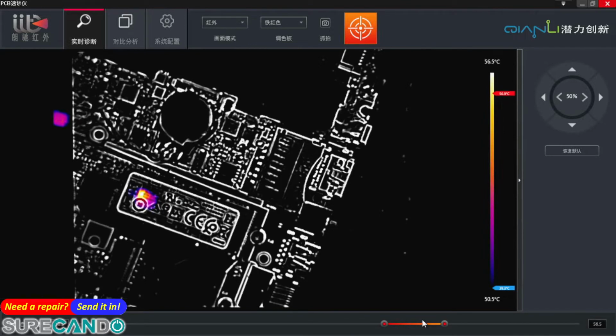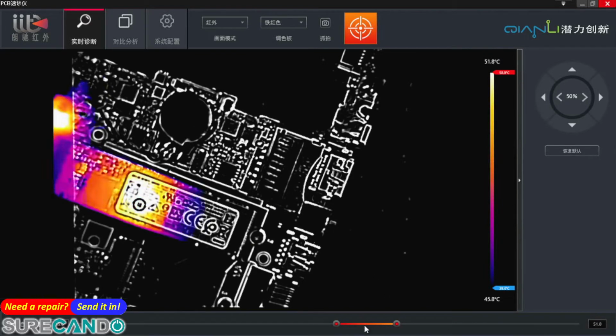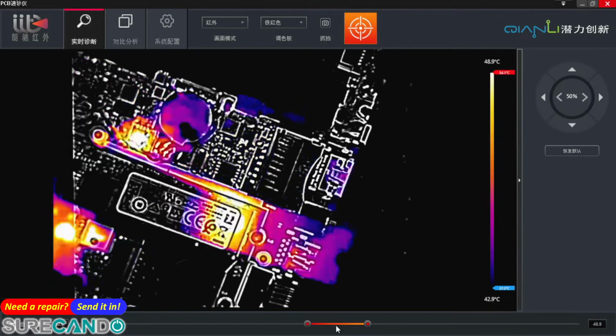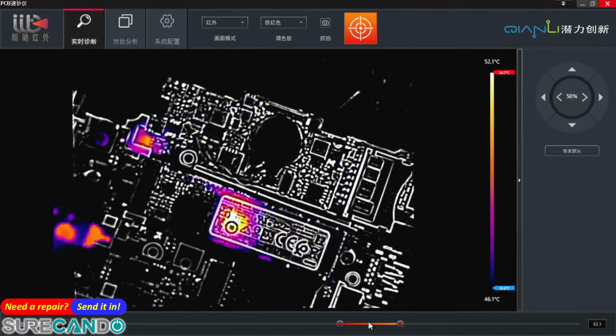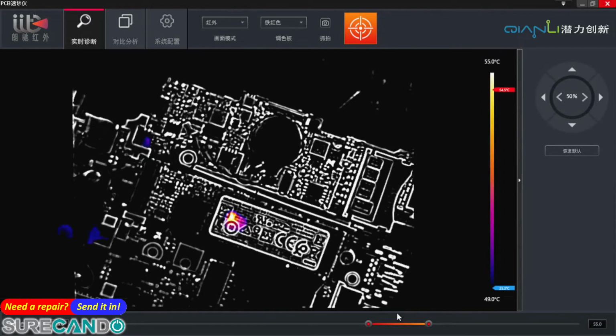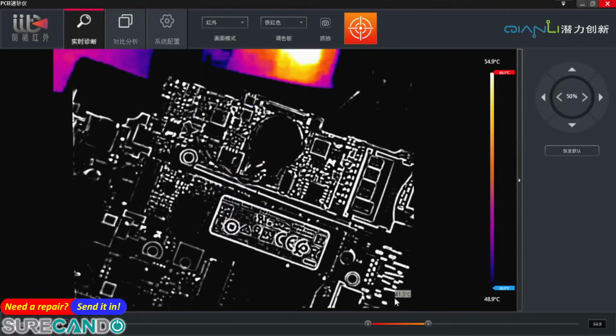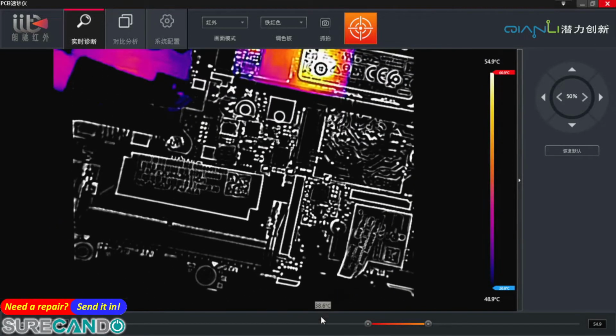That SSD gets that hot? These are all going to be hot, so it's all normal.